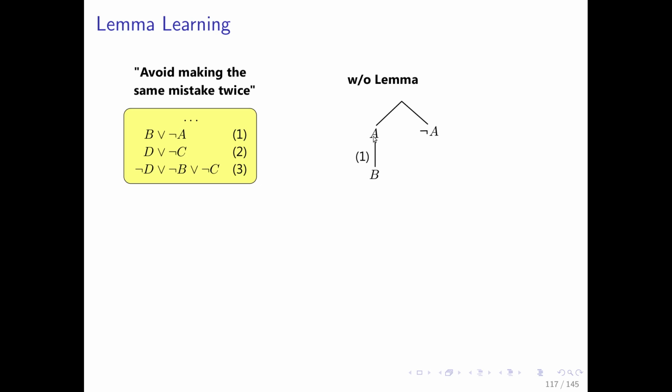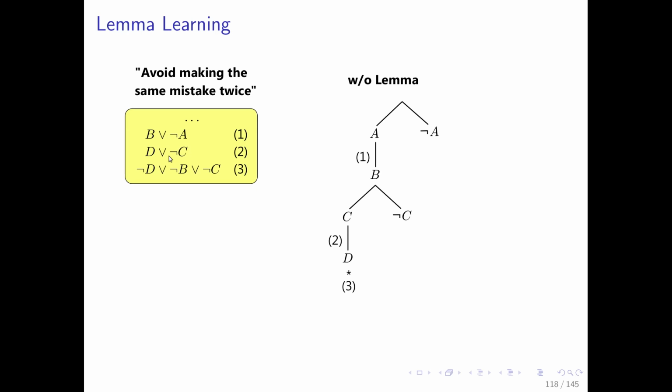If A is true, how do we simplify the clauses? We delete every clause that contains A; there isn't one. And we delete not A from every clause; it's only this one, so we've deleted not A from here, leaving B. B is a unit clause, so we have no choice; we put B down here. Now this clause is happy, and this one is still false. So now we split on C. The left branch says make C true, and the right branch says make C false.